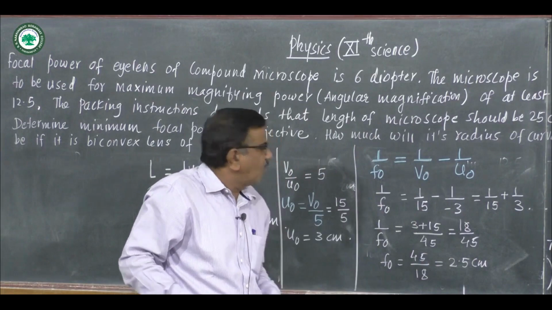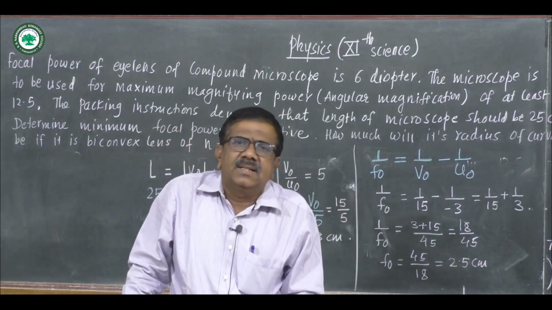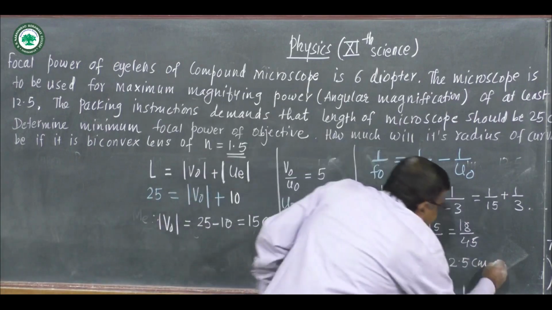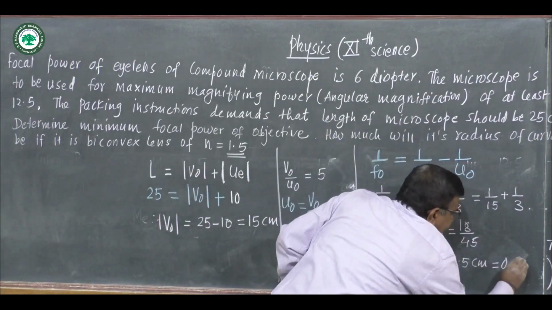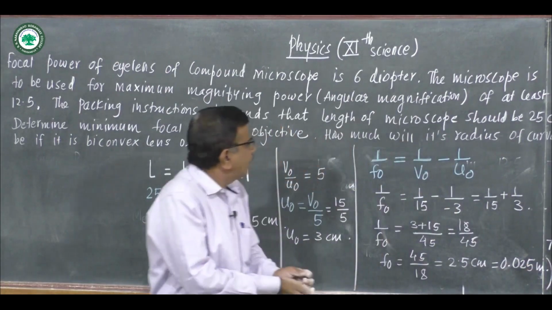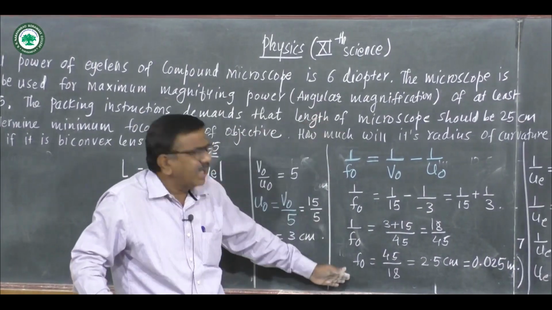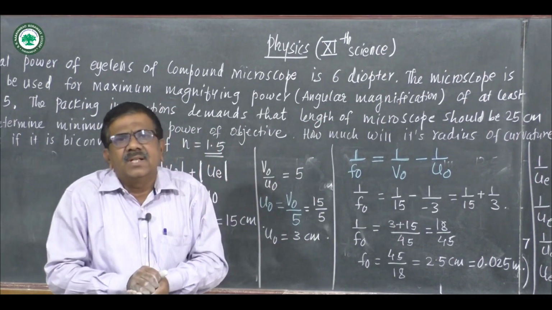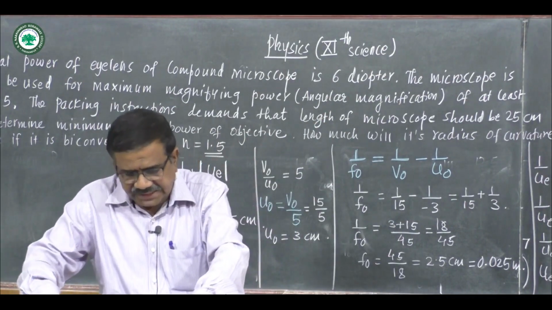The focal length of the objective we get is 2.5 centimeter, or 0.025 meter. From this formula we get the focal length of the objective, using the lens formula for the objective.